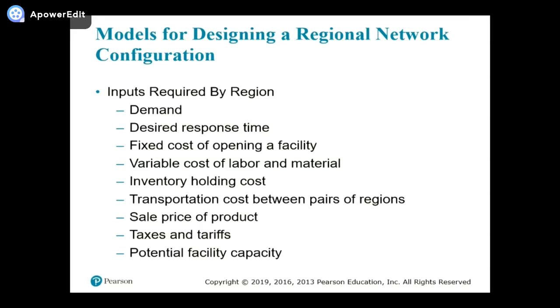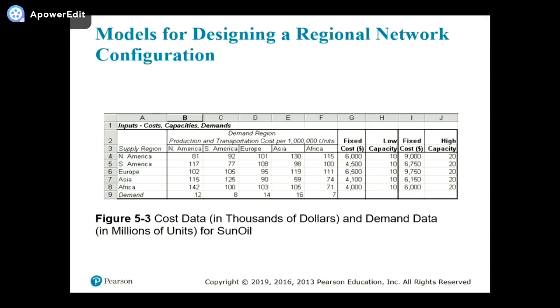So we're going to talk about decisions in phase 2, 3, and 4. Let's start with decisions in phase 2, where we're going to figure out the overall configuration of facilities in larger regions. So we're going to look at an example of this company, Sun Oil, who manufactures petrochemical products and sells worldwide.